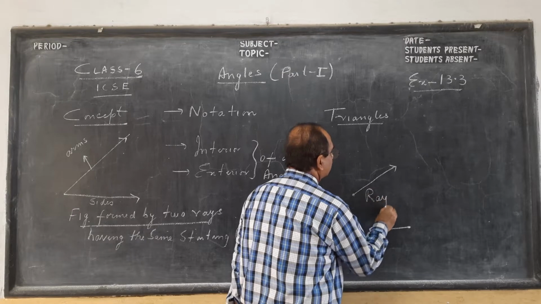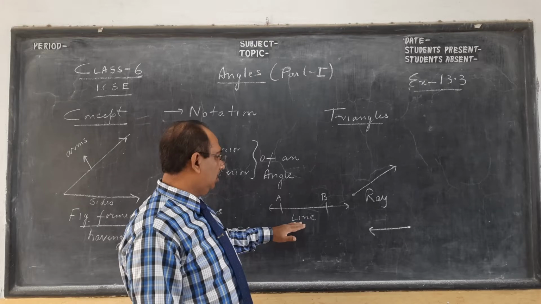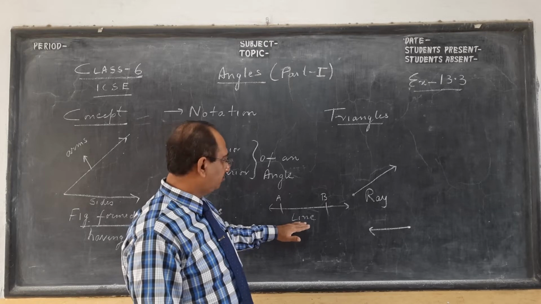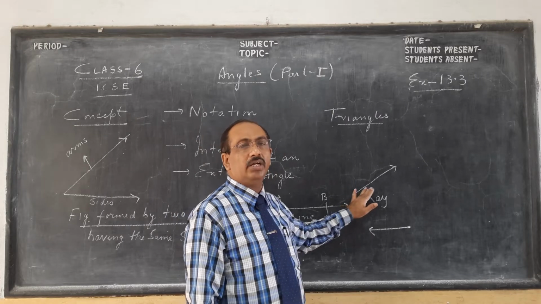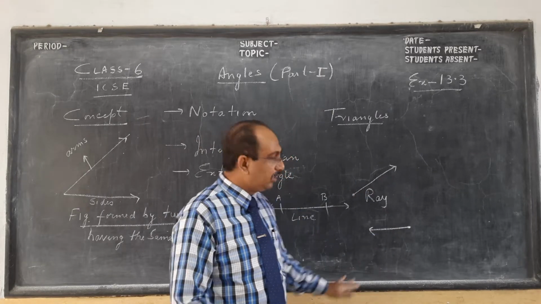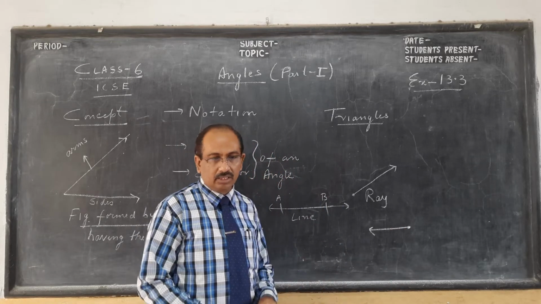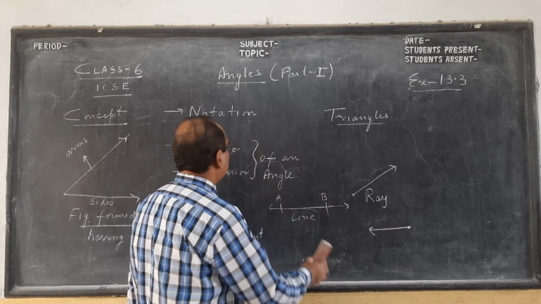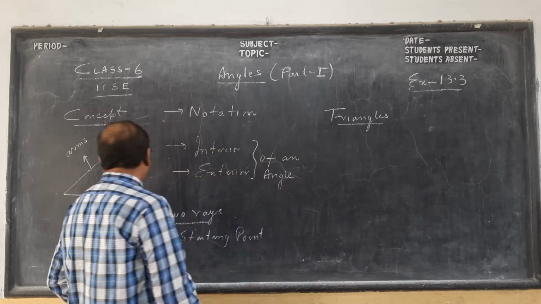I hope you have understood. A line goes both sides to infinity, a ray has a starting point and goes to infinity on one side, either right or left, and a line segment has a fixed length. With this idea we start.